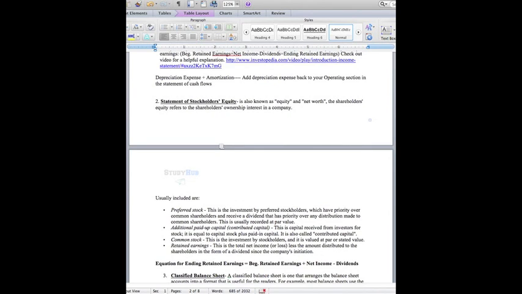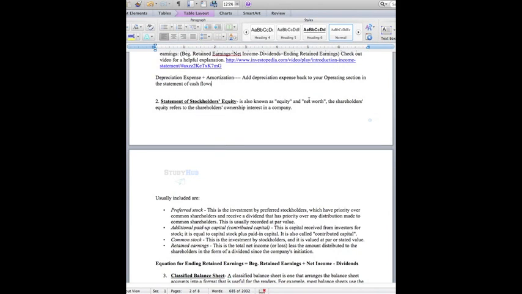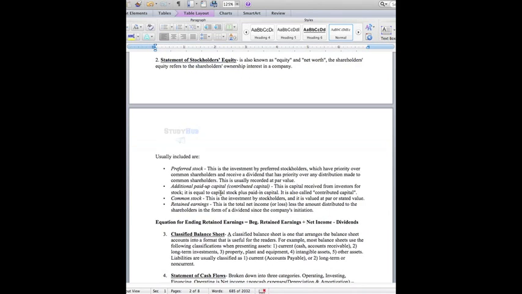And then what you need to worry about is retained earnings, which we described earlier. Here's the equation I gave you at the bottom. Retained earnings is essentially derived from net income, and you take into account the beginning retained earnings and the subtraction of dividends. So stockholders' equity is your ending retained earnings and then whatever preferred and common stock you may have in your example problem. Those are the two main things.